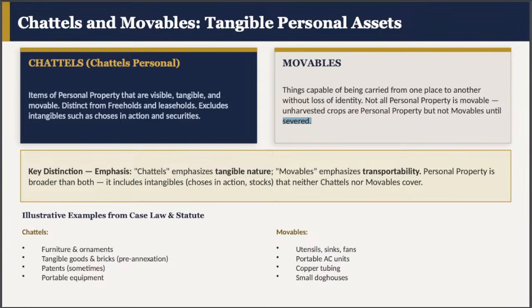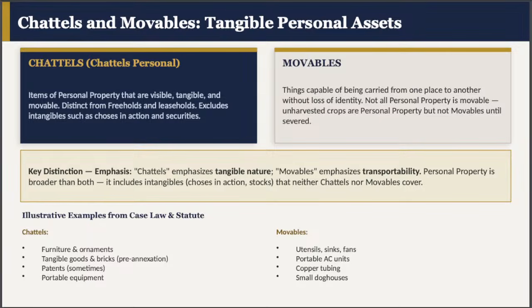So let's look at this key distinction. Chattels emphasizes the tangible nature. Movables emphasizes transportability. Personal property is broader than both. So it could be personal property until it becomes transportable. Then it becomes a movable. So it includes tangibles, and intangibles, such as choses in action and stocks that neither chattels nor movables cover.